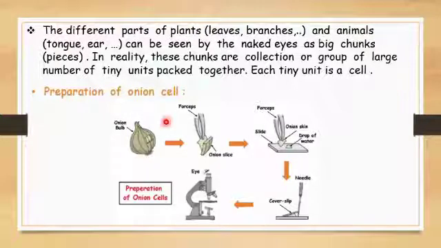So, I'll start with an onion. I'll take an onion piece and put this onion piece on a slide. Then, I'll put it under the microscope to see what this onion slice, or this onion skin, is made up of.